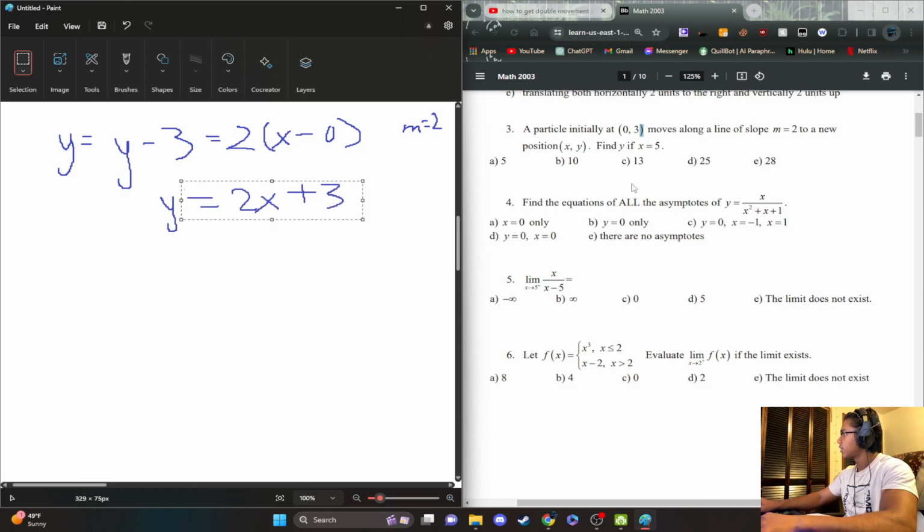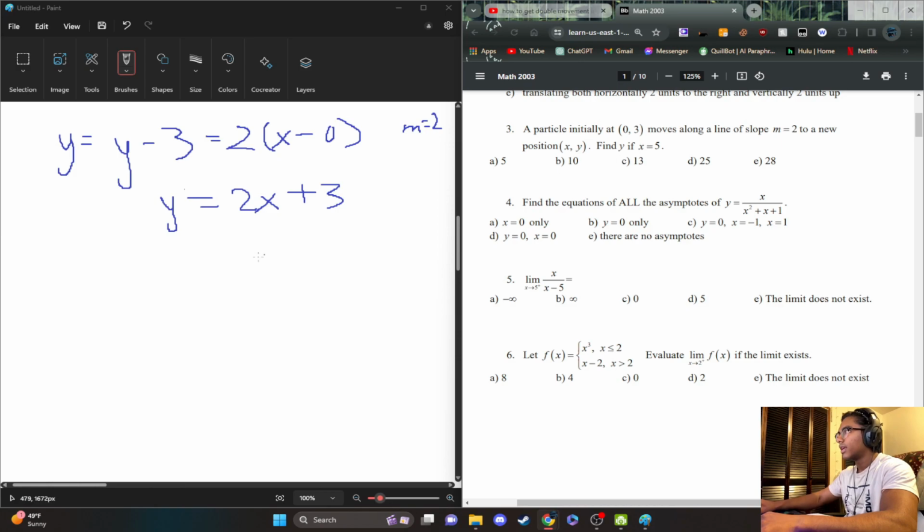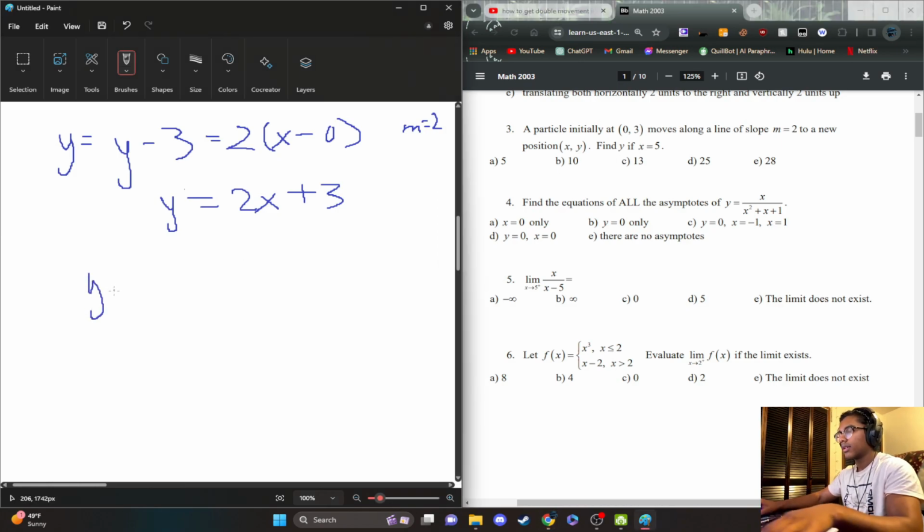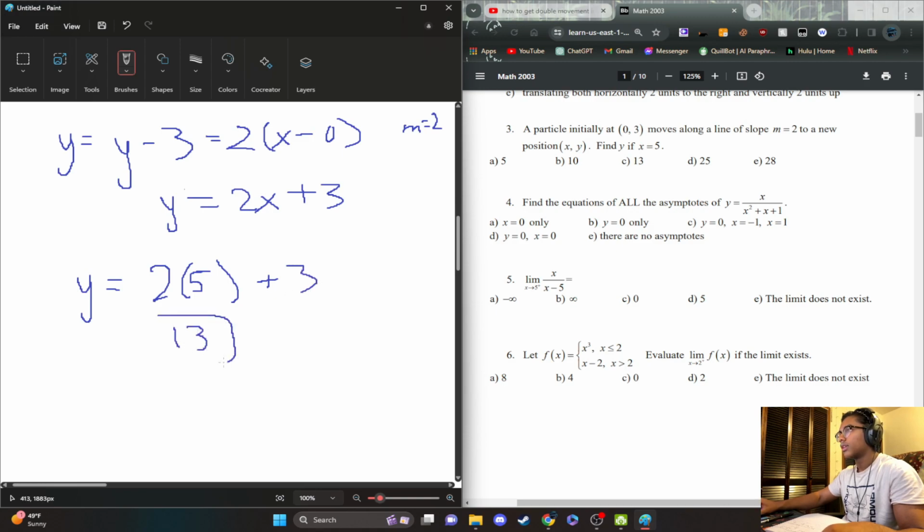Now using this equation, you're gonna plug in the x and y values they gave you. The question is asking, what does y equal when x is 5? So 2 times 5 plus 3, that is 13. 13 is C.